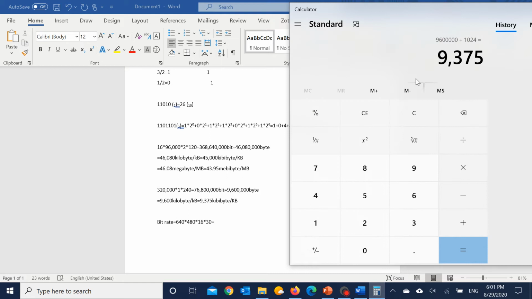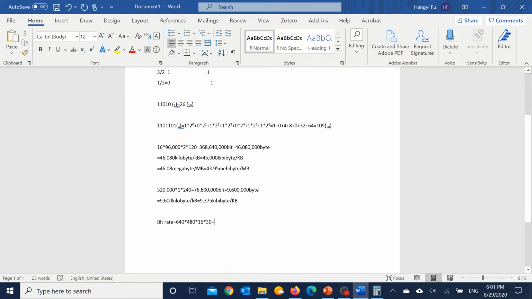So the result will be this many bits, which is the bit rate, and the file size of course is bit rate multiplied by duration.